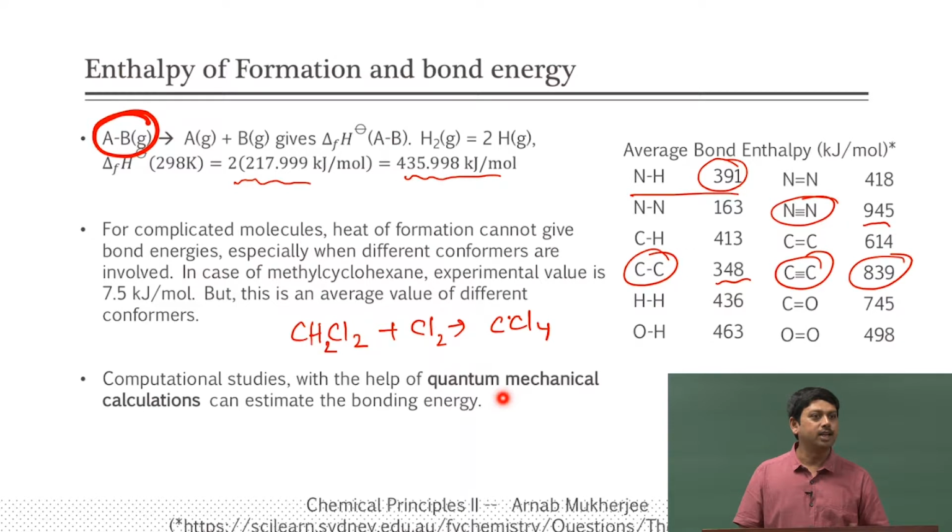Similarly we can study the energy of the hydrogen molecule, and the bonding value of the hydrogen molecule is pretty close to our calculation, we will talk about that. You see 435.998 is at 298 Kelvin, right, at 0 Kelvin it is around 432, which is very close to the quantum chemical calculations. So quantum mechanics can give you an idea about this bond strength, which can be experimentally verified using this kind of systems.